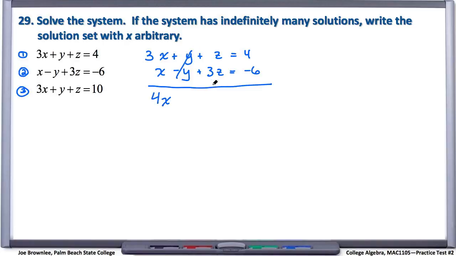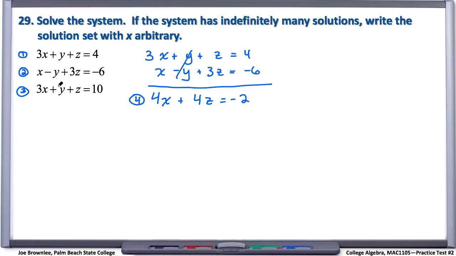The y's go away, and here we have z plus 3z gives us 4z, and 4 minus 6 gives us -2. And now that we've eliminated the y from equations 1 and 2, I'm going to call this new equation equation 4.